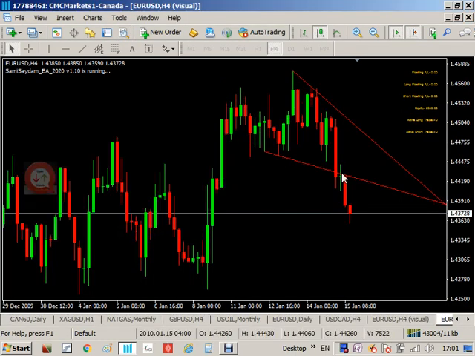As you see, it went up after breaking the line. The confirmation signal: the candle went up and down, then it closed below the support line. So it is confirming to sell.